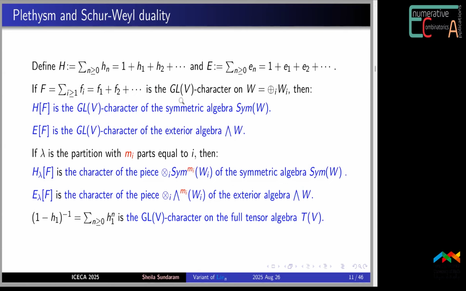Okay, so another thing you'll be seeing a lot of is things like H bracket with F. So I just wanted to say a little bit about how to decode that.